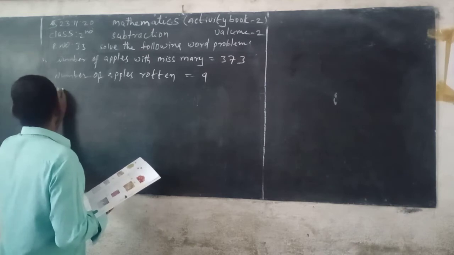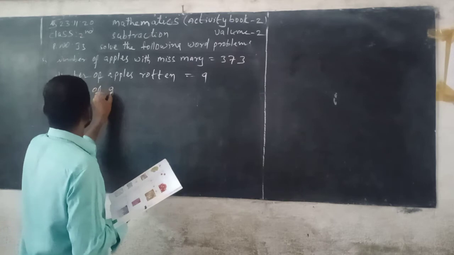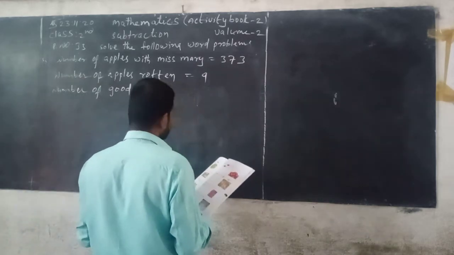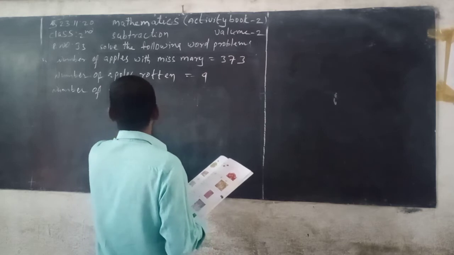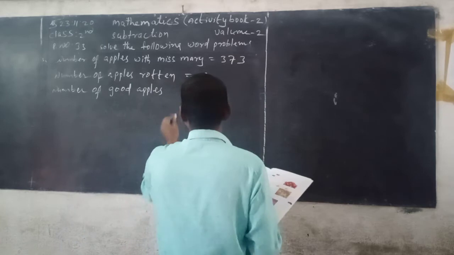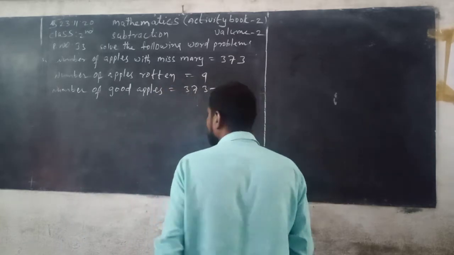You can find out the number of good apples. That is equals to 373 minus 9. Listen carefully, beta.